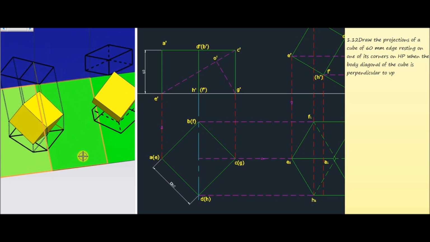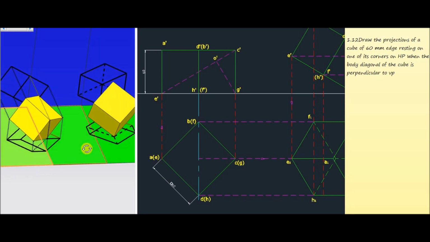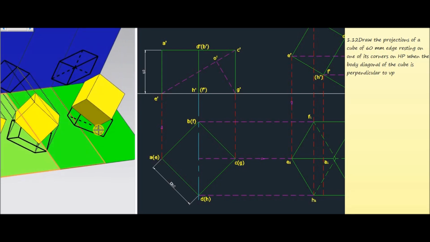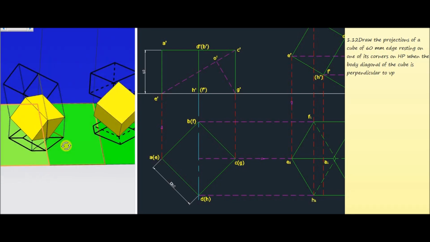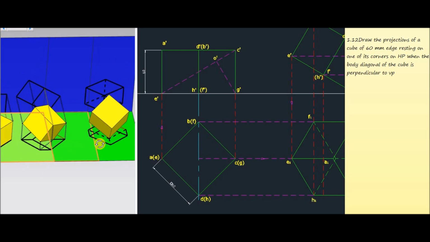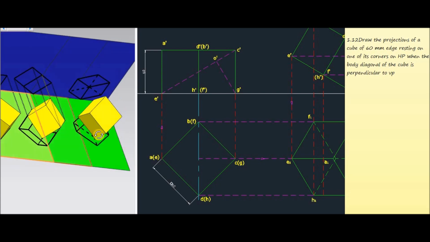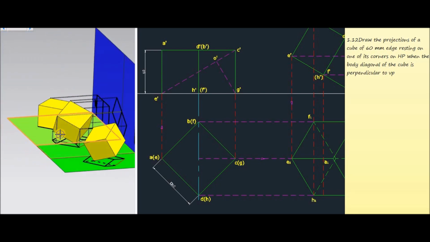So in the second stage here we have rotated the cube about corner G in such a way that this body diagonal is perpendicular to the vertical plane. Here which one is the body diagonal?